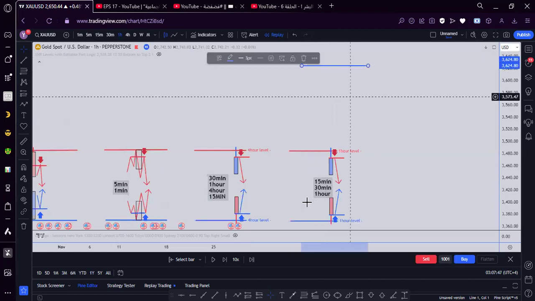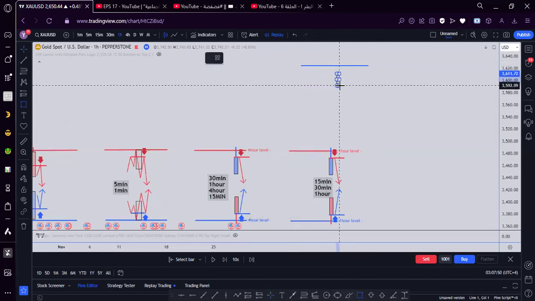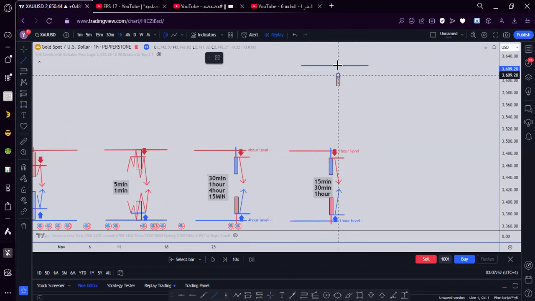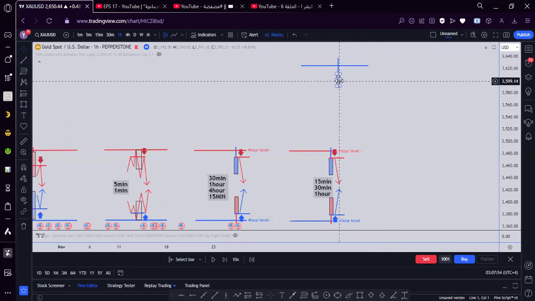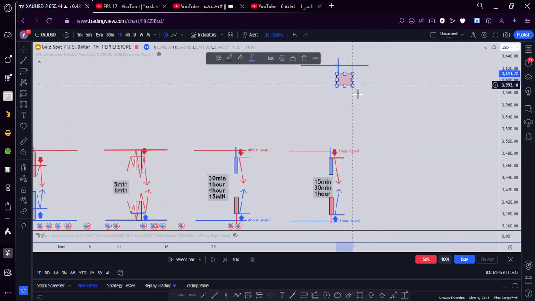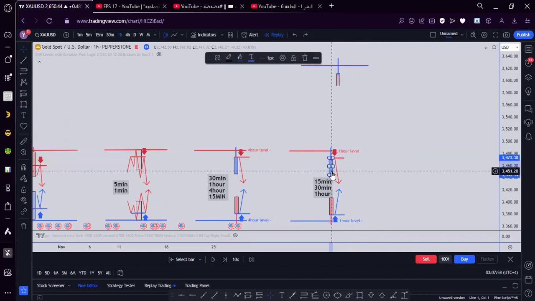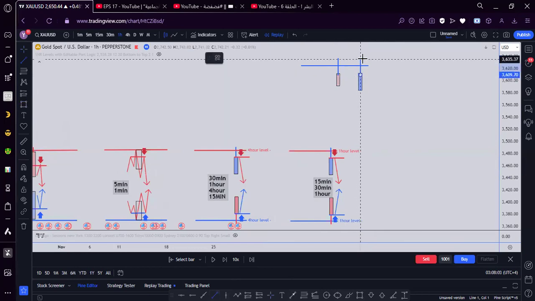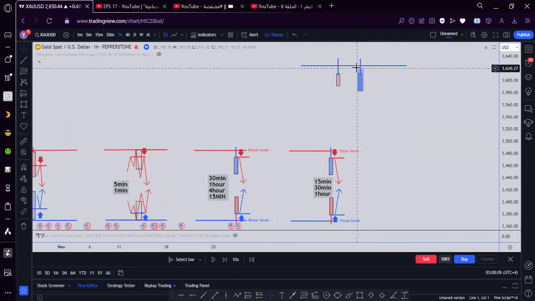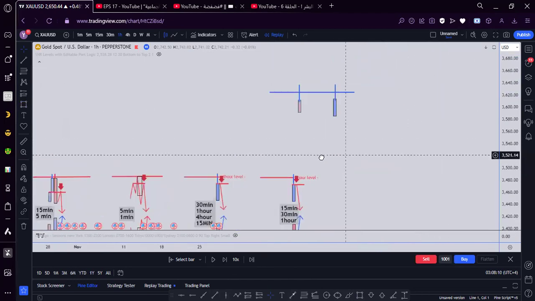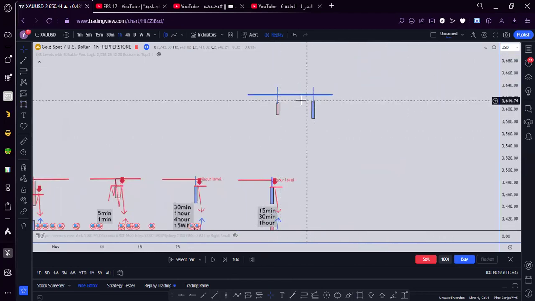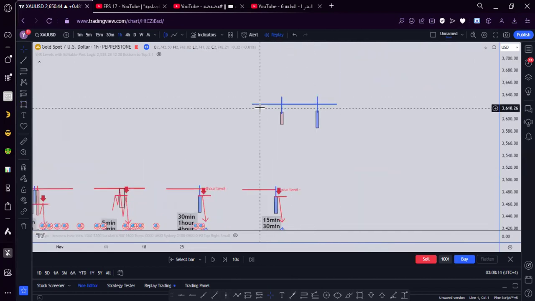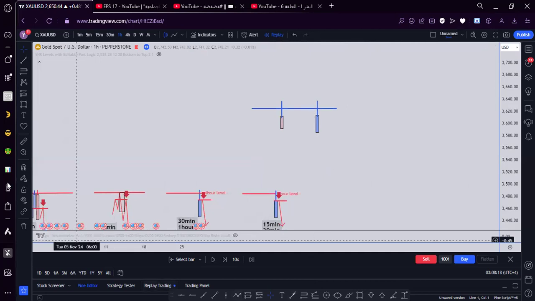So let's say there is a bearish candle rejected from this. Let's see the example of the bullish. I want to make something clear for you. Why did we say we should always take the bullish candle from the sell level?